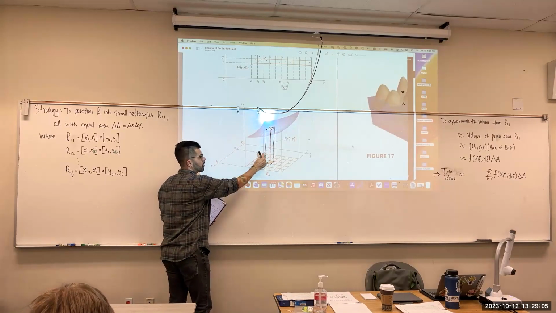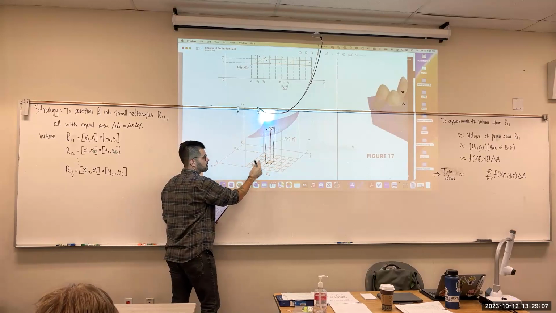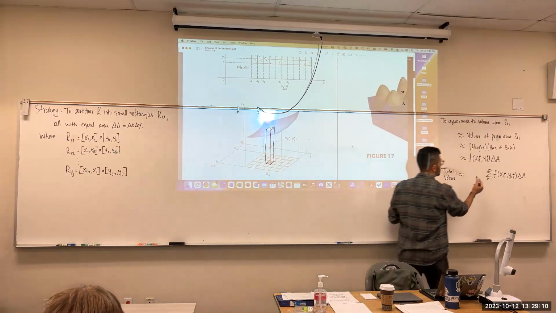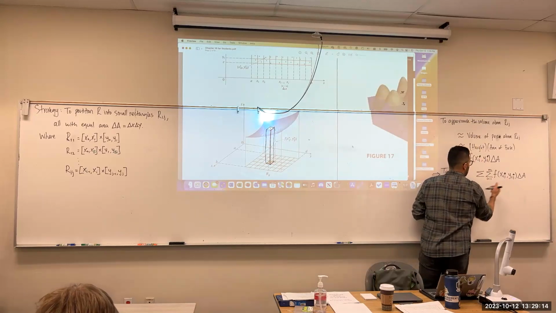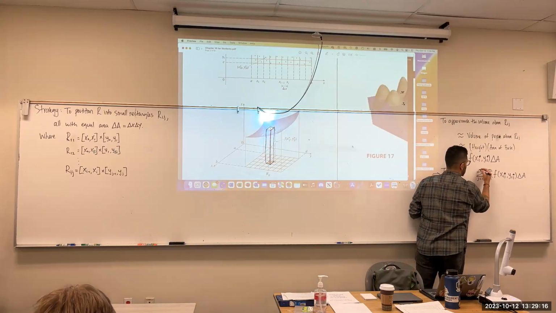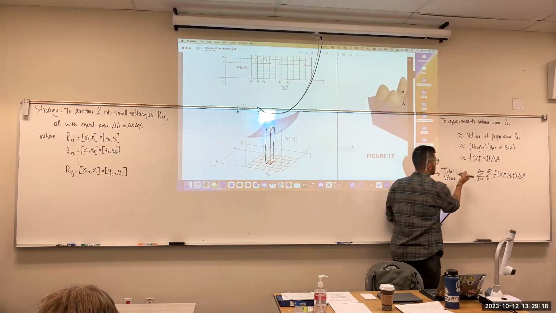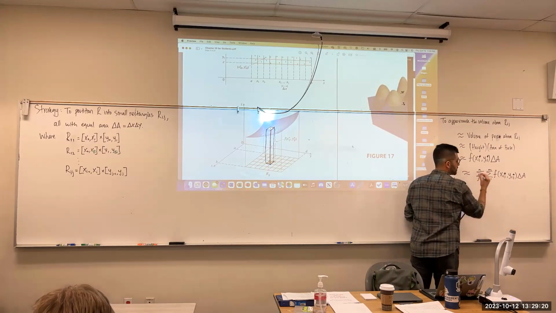We're going throughout all the x intervals. And then you're going to change all in the y direction, the j's here. So there's two sums.